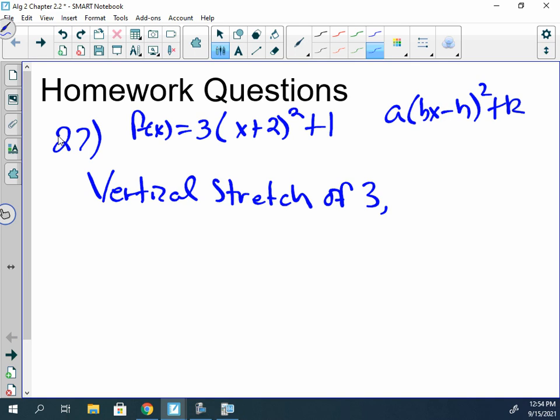Because the 3 is positive and it's not negative, we do not have a reflection across the x-axis. If it had been -3 or just a negative outside the parentheses, it would be a reflection across the x. Now, the 2 inside the parentheses tells me what? Right or left? Left, because it is positive, it would be to the left. And then the plus 1 would be up 1.